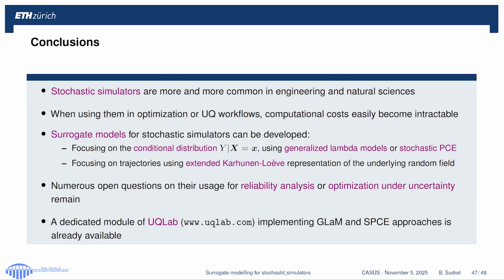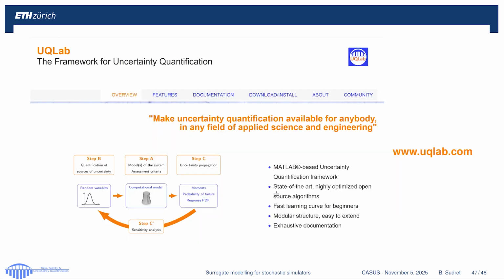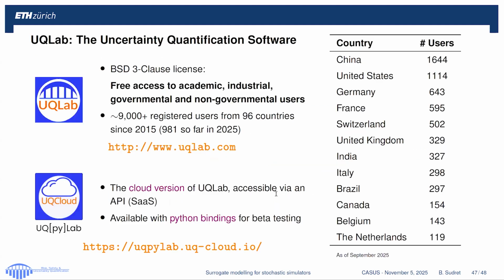We also put all our developments in our in-house software called UQLab. Again, Damar was a big contributor of this software during his time in Zurich. He developed the high performance computing module that we still use a lot. So that was a big task. And if you're interested in uncertainty quantification in general, just have a look at our website, uqlab.com.